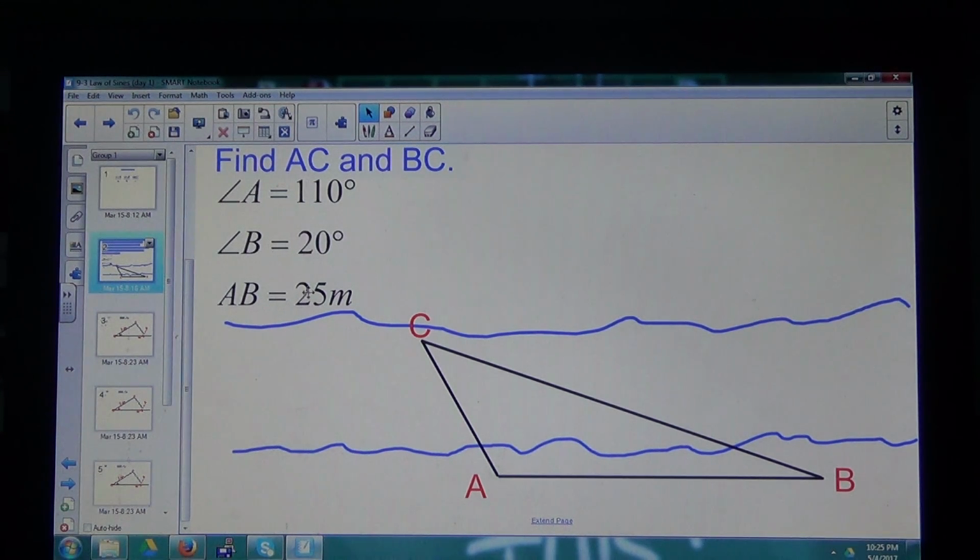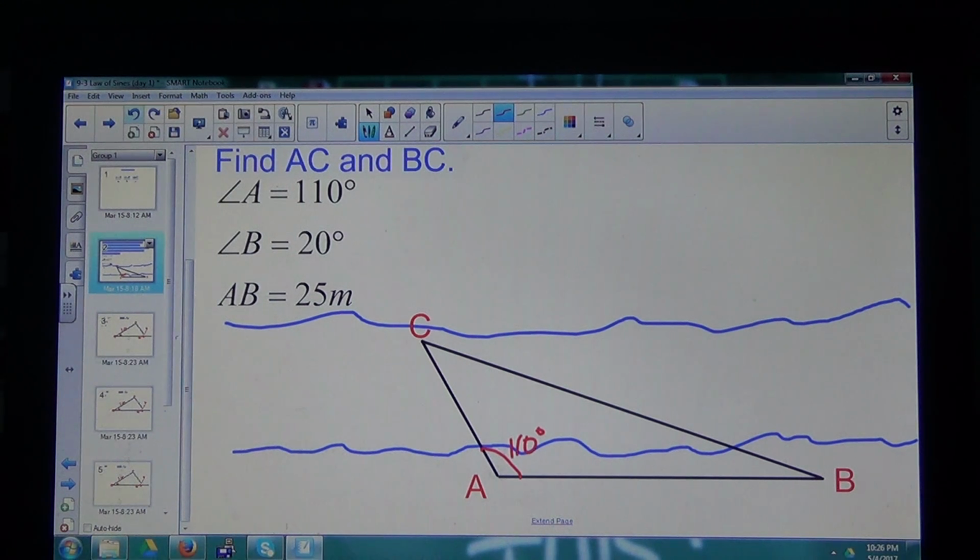Okay, they gave me these pieces of information. So what I'm going to do first, when you have some information, is draw my picture and label it. If I label this properly, angle A down here is 110 degrees.